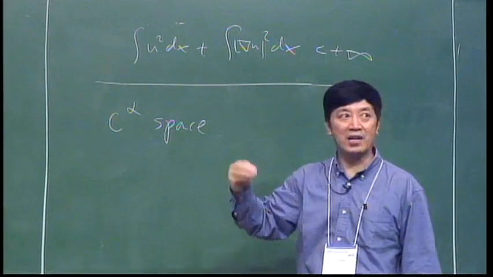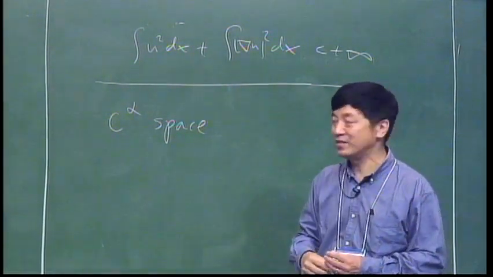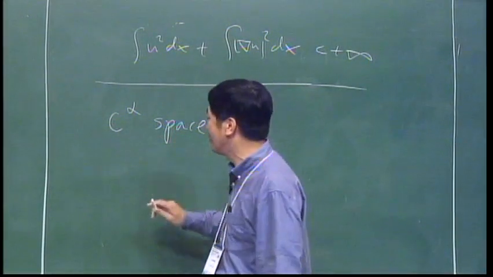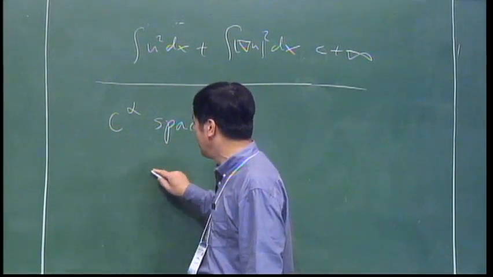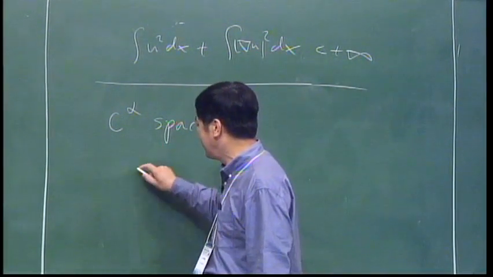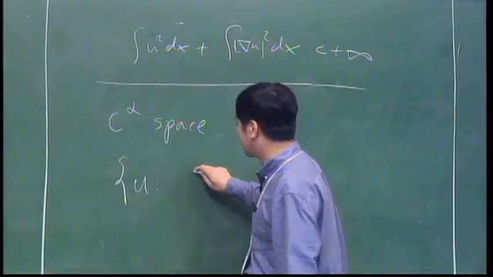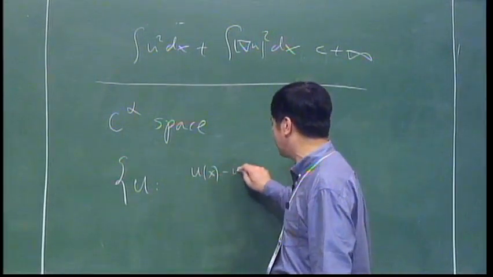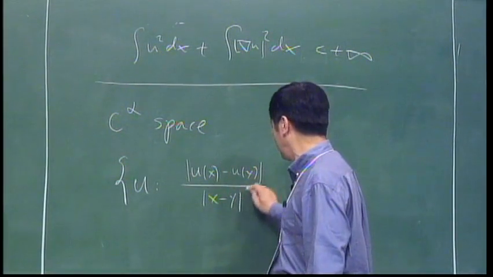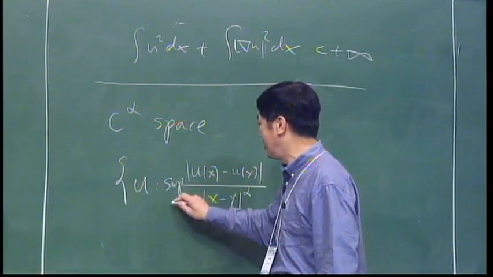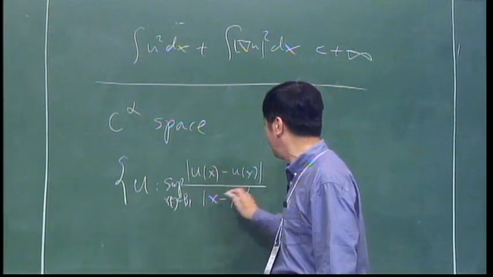C alpha space comes very naturally for scaling invariant classes. But before I talk about that, let me throw the space at you right away. So C alpha space is the following. It's all those functions that have a fixed modulus of continuity. Sup. Let me always think about it in the ball of radius one.